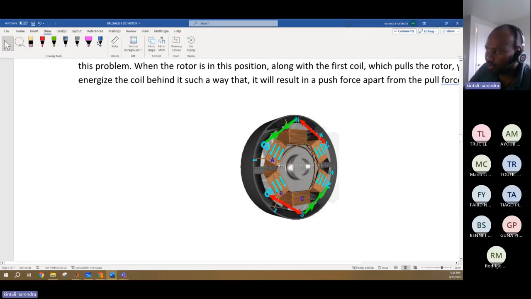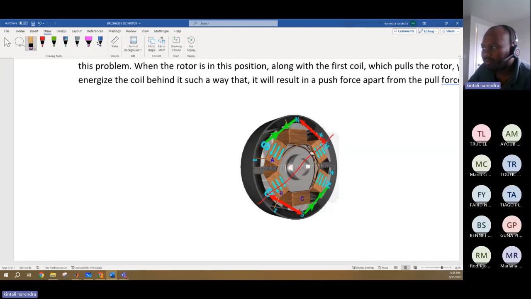The current is flowing through A and B. Can you see? Yes. In C also there is current flowing. I don't mean there is no current flow, but it is not high enough in magnitude to attract the rotor.